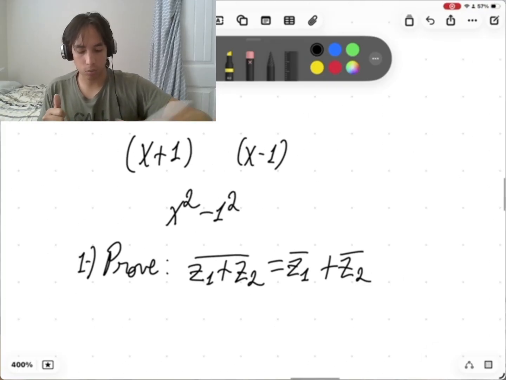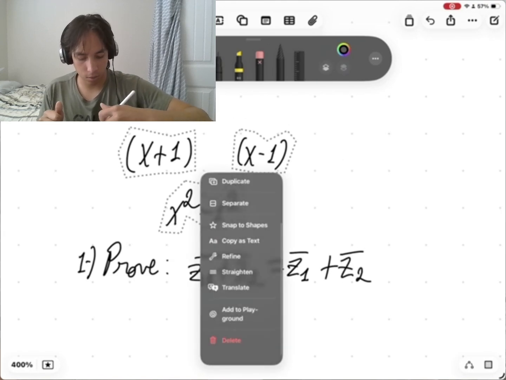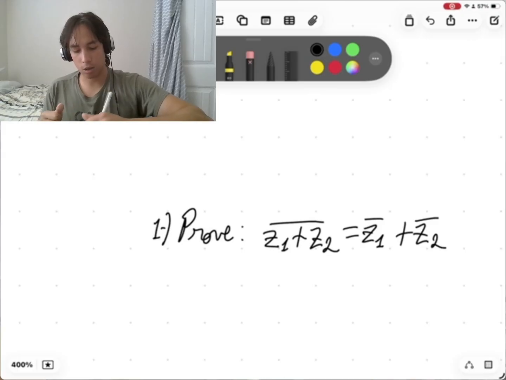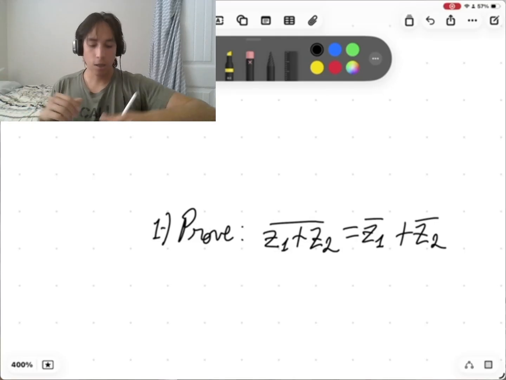That's what we mean by complex conjugate: something that gives us squares and reverses everything back to real numbers. So what we're trying to prove is that the complex conjugate of the sum is the complex conjugate of this plus the complex conjugate of the other.